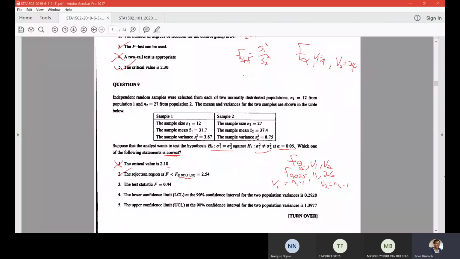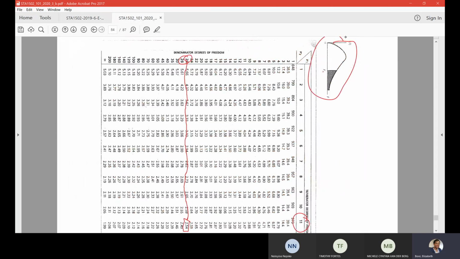Okay, so you can go and calculate your, oh sorry, I wanted to demonstrate why I'm saying this is the correct region of rejection. If you look at the graph, it shows you where your region of rejection is. It's always going to be a one-sided test. For this, we're going to have the region of rejection there.